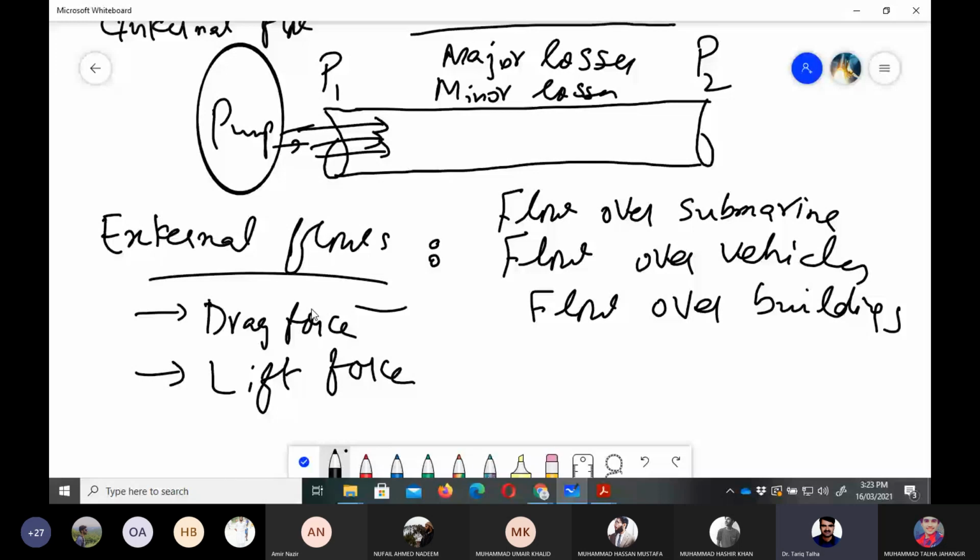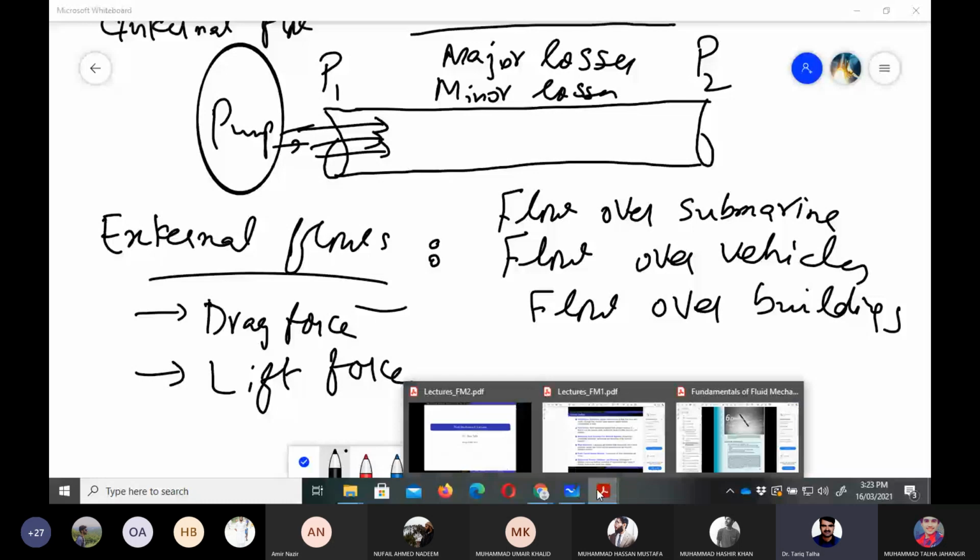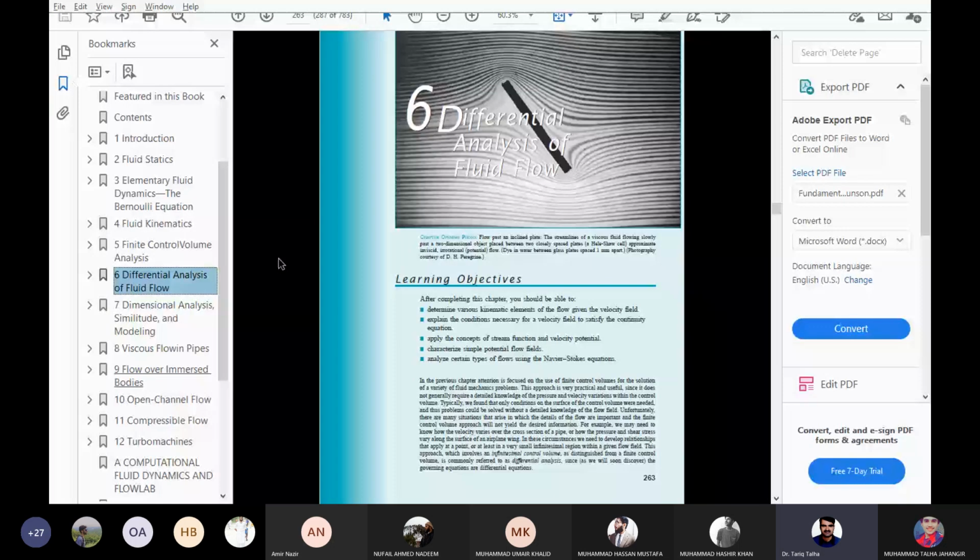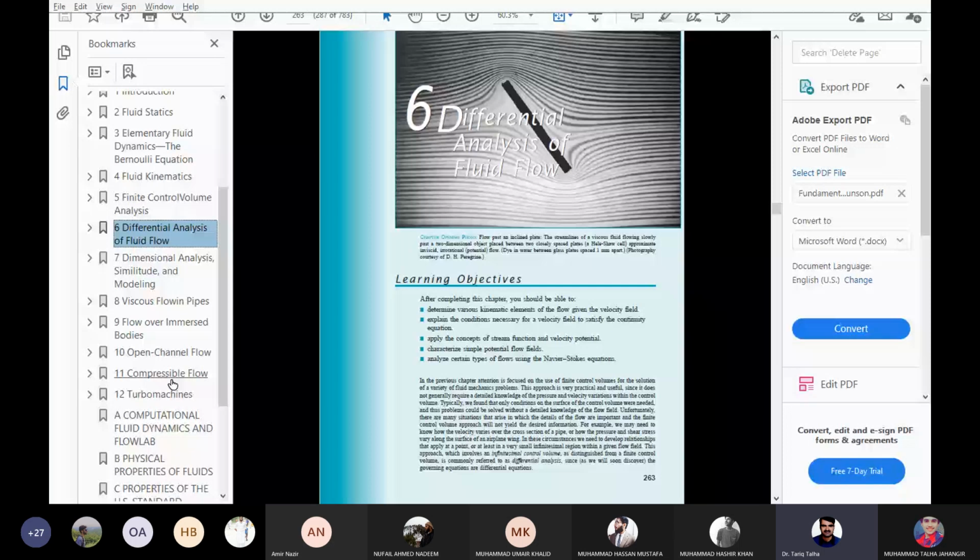Okay, that is what we are going to cover in chapter number 9. Compressible flows are the flows through nozzles, and open channel flows are the flows through canals. We are not going to discuss these in detail, because compressible flows are discussed in thermodynamics.